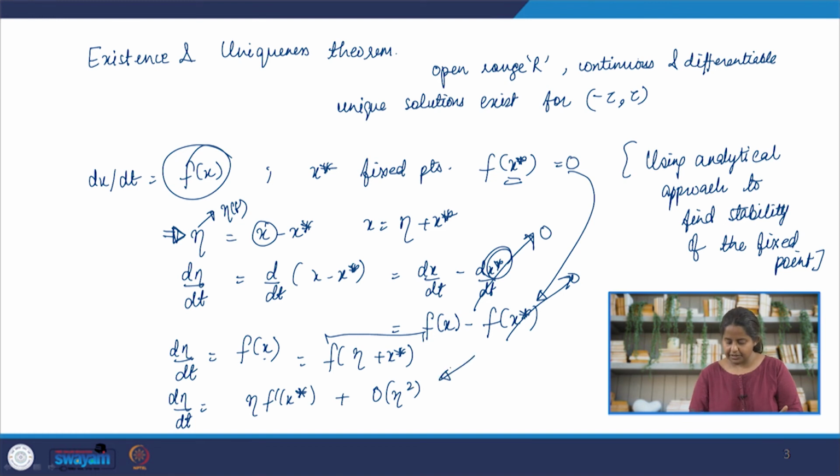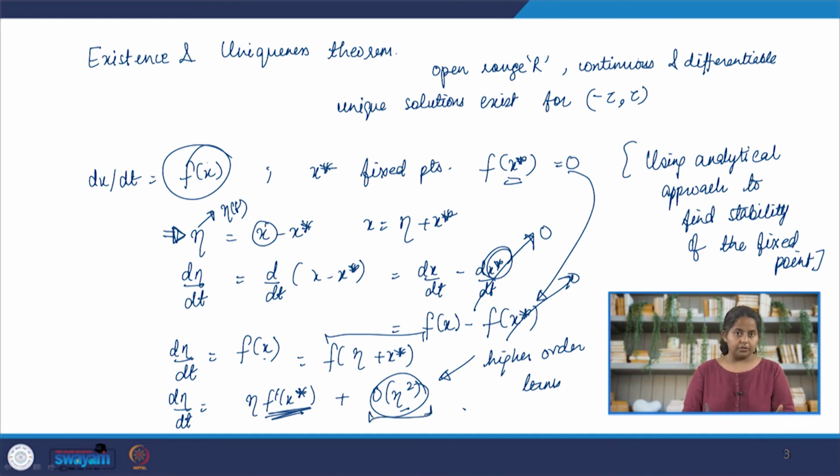This here represents higher order terms, and we are talking about the order of perturbation, and this will increase quadratically, so they will dramatically go up. Now if your perturbation is small enough, these terms would be very close to 0 as long as f dash x at the fixed point is not 0.